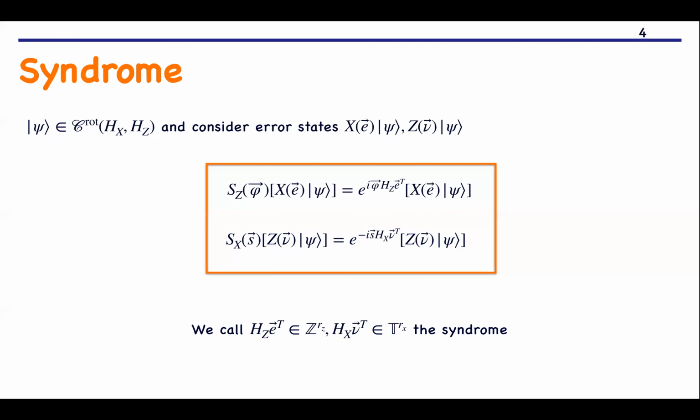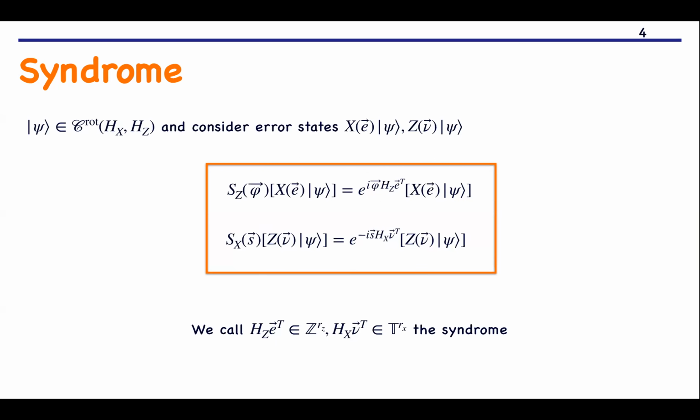So let me also introduce what we mean by syndrome. This is kind of standard, I would say. We start from a state in the code subspace, and we apply some Pauli errors. And then we see simply that these new states are, again, states of either the Z or X stabilizers, with now a different eigenvalue.